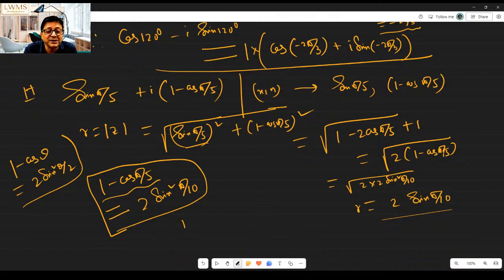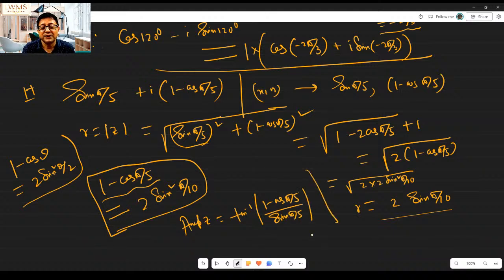Now what is the amplitude? As it lies in the first quadrant, don't take trouble. It is tan inverse of 1 minus cos pi by 5 over sine pi by 5.